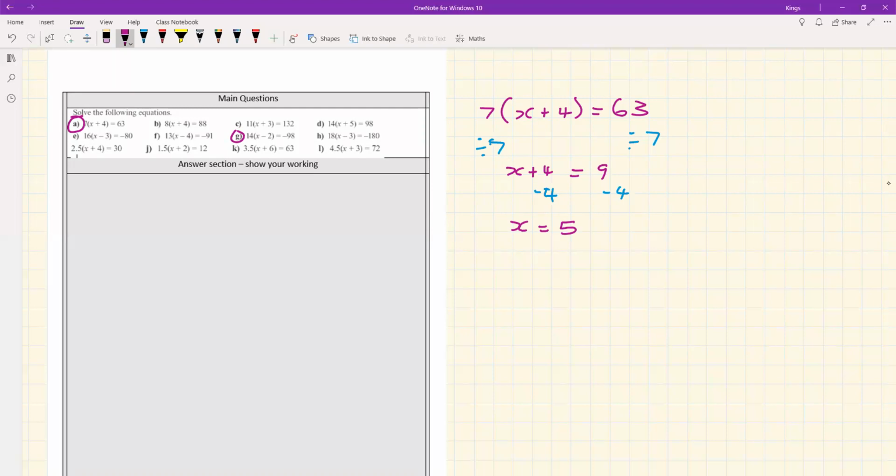To G now, 14 bracket x, if I just pull a line over that one, x minus 2 equals minus 98. So divide by 14 now.